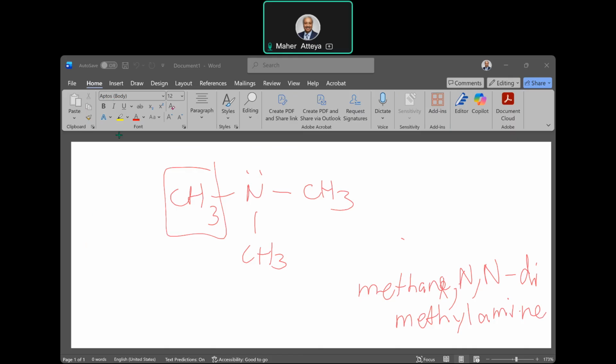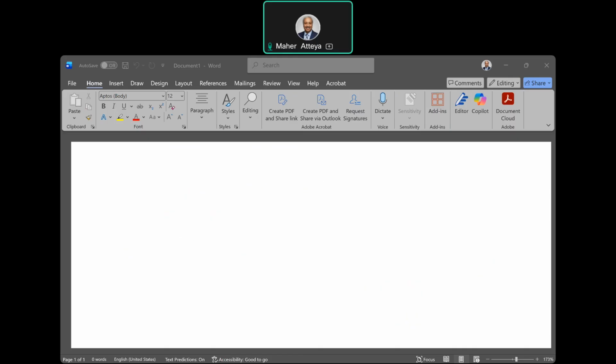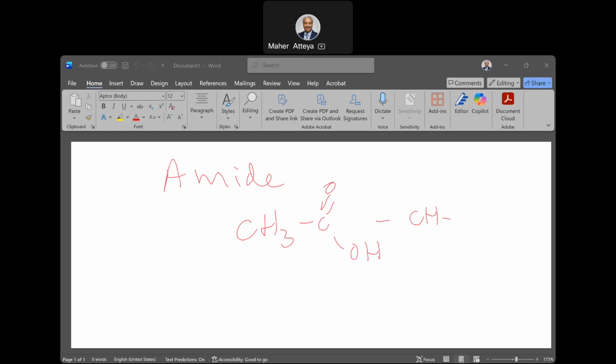Now let's look at the amides. The amide, on the other hand, is a combination of a carboxylic acid and an amine. So if we have something like CH3COOH plus CH3NH2, the H will come here and you get H2O out.